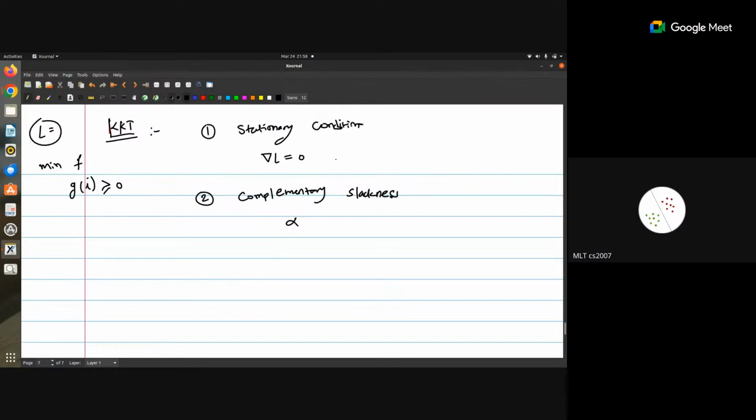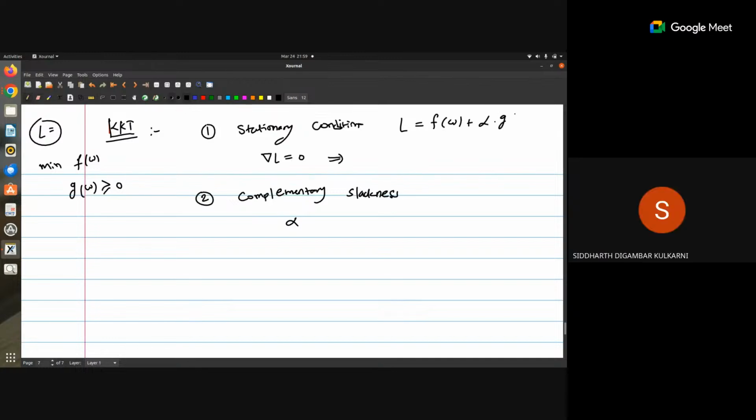In this case, the Lagrangian will be f plus alpha times g of i. Let's say f of w and g of w.